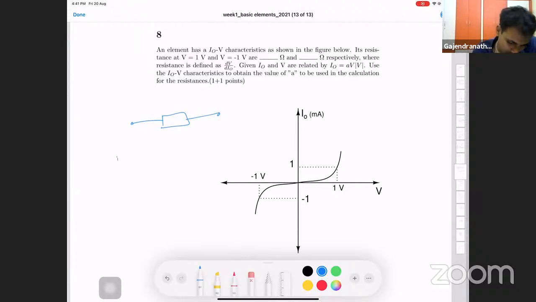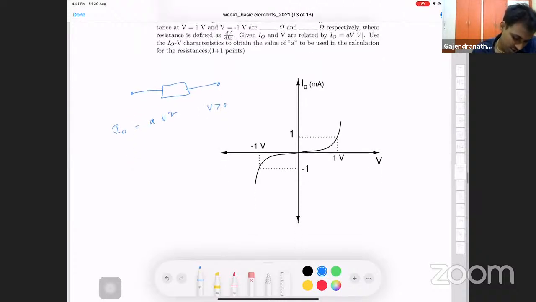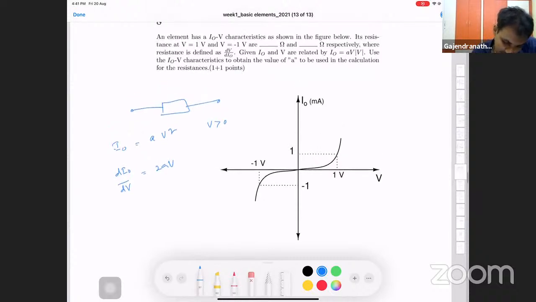So this curve becomes I0 equal to A times V squared, because for V greater than 0, you can simply replace it by V. So dI0 by dV is equal to 2A times V. Okay. So what is A given?